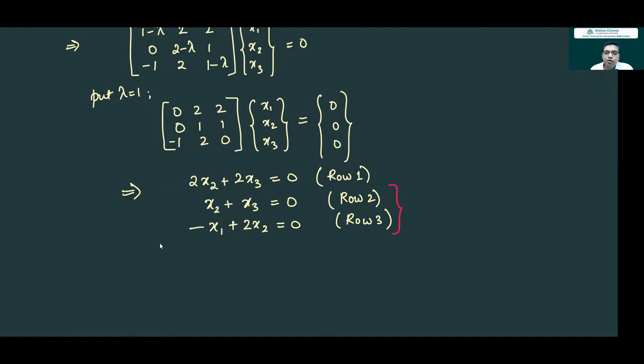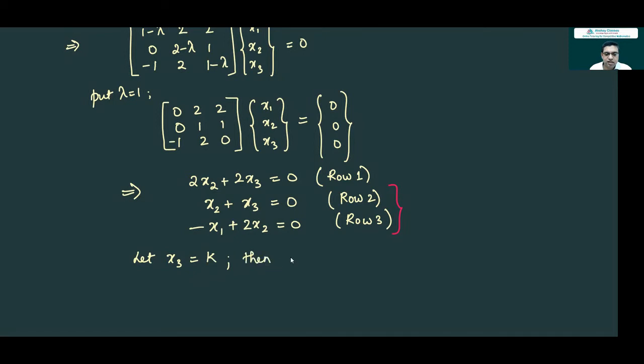So we have only two independent equations. So now let x3 be equal to k, or let's say x1 be equal to k. Easy is x3. x3 is equal to k.